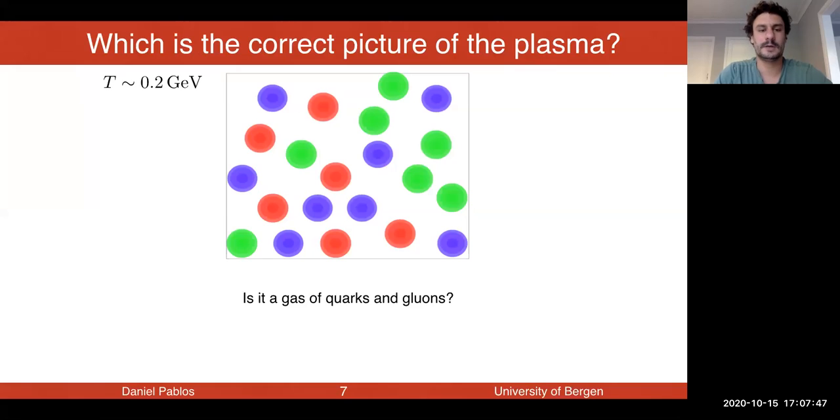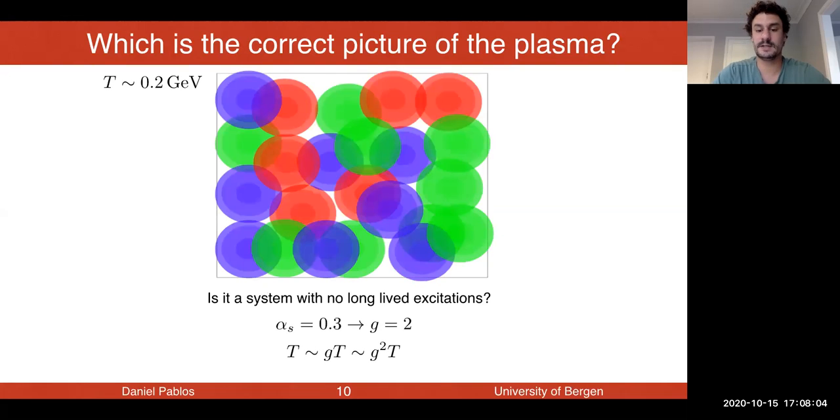However, really close to the transition, at relatively low temperatures of 0.2 GeV, we wonder if it's a gas of quarks and gluons. At these temperatures, alpha_s is around 0.3, which means that g is 2. It's not so small. Therefore, these scales are now comparable, which puts into question whether we have long-lived excitations in this plasma. These quasi-particles might be absent given this lack of separation of scales.